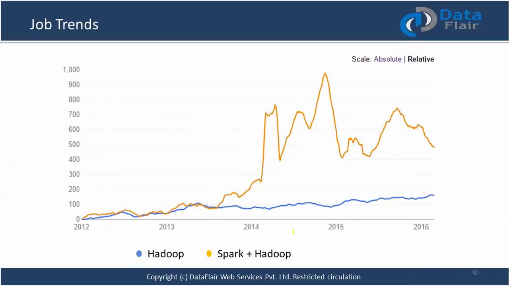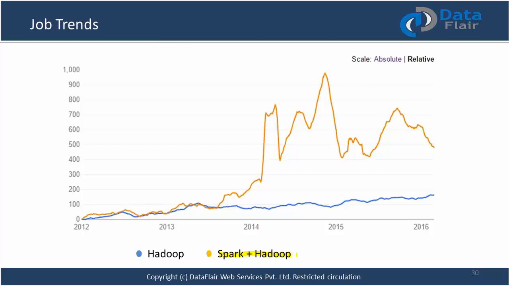Now guys, if I talk about job trends in Hadoop, the blue line represents Hadoop, which is constantly increasing. The jobs are continuously going up and up and up. But the orange line, that is for Spark, is not even exponential, it is almost vertically up. That is not just for Spark, guys, concentrate here. It is Spark plus Hadoop.